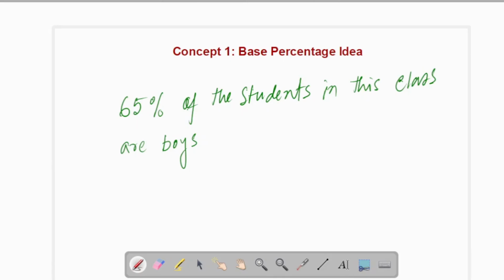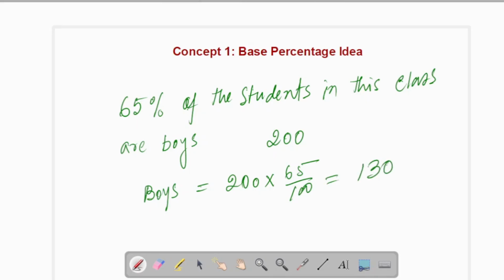So to know the value of 65% of the total number of students, the total number of students should be known. If the total number of students is, say, 200, then the number of boys will be 200 into 65 by 100, which is 130. It can also be written as 200 into 0.65 is equal to 130.